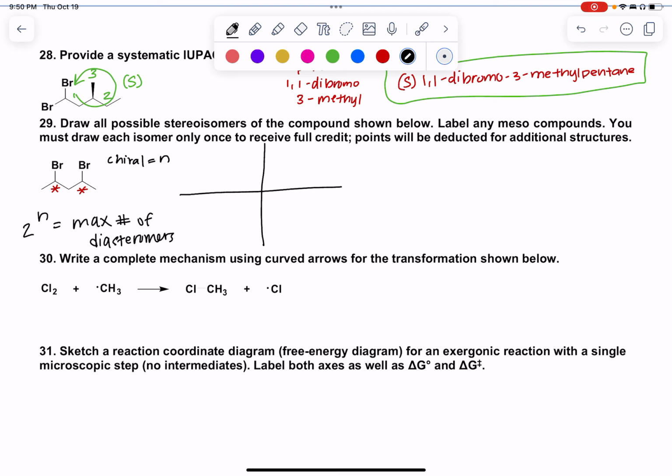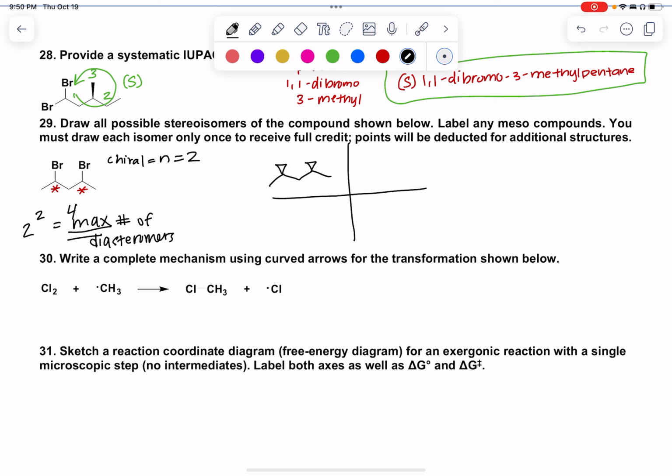Okay, so n is 2 here. So 2 to the second is 4. So there's 4 maximum possibles. So what I did was I drew out 1 first. So here's 1, 2, 3, 4. Our bromines, let's just put them on wedges. That's just where I start. That's 1 compound. That's one way to draw it.